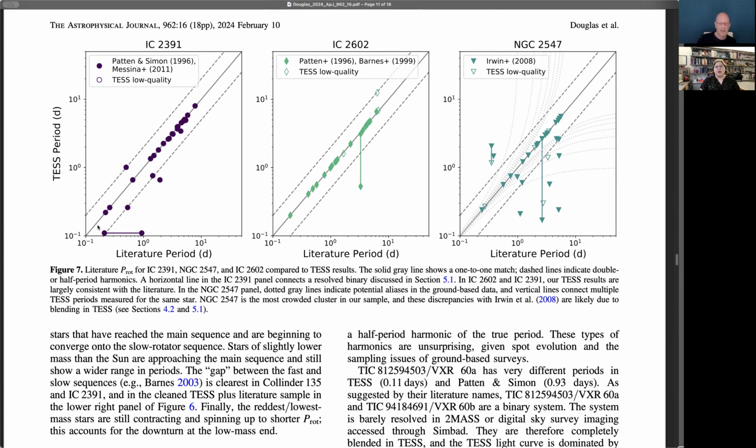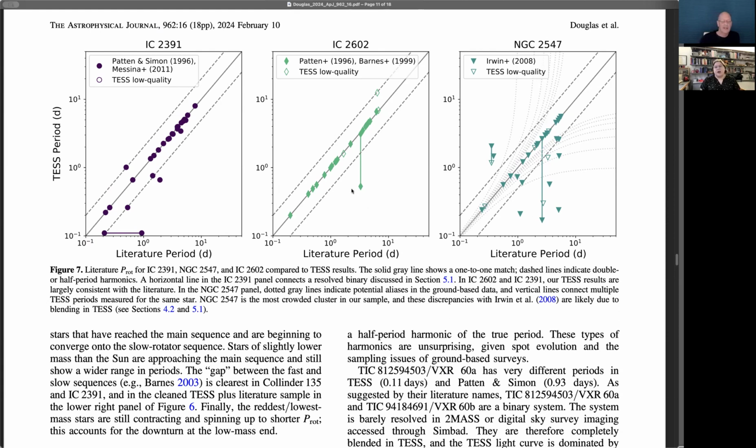Then in IC 2602, we actually did very well. In that case, the vertical line that connects the 2 points is a multi-periodic star in TESS. We found 2 periods in the TESS light curve. One matches the literature period, and the other is probably a binary companion.